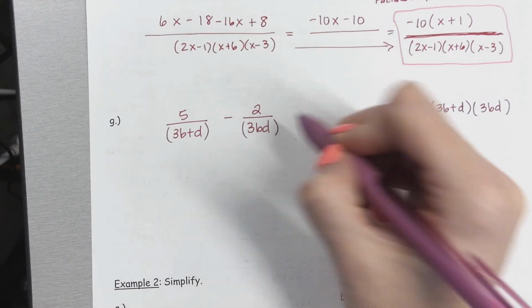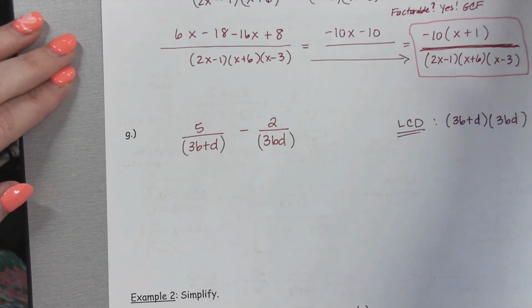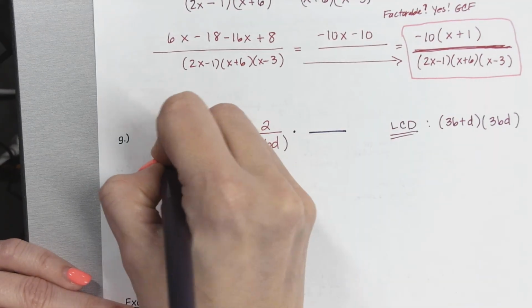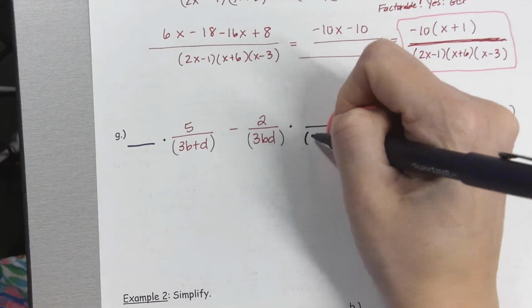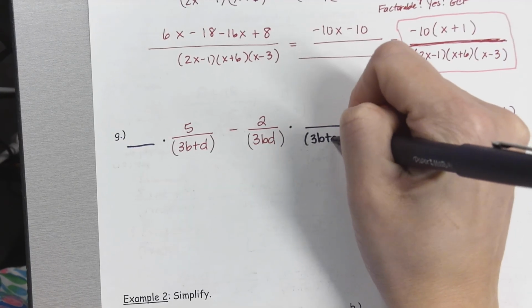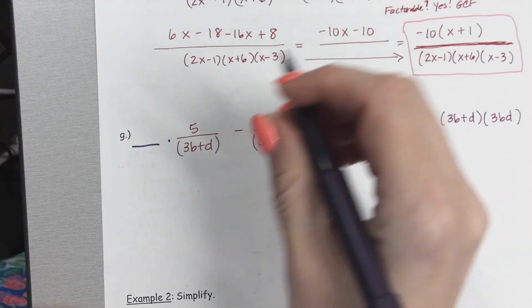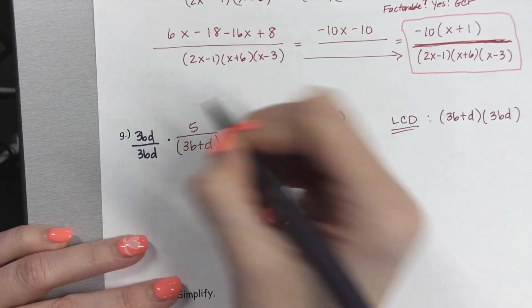That's why I think this one's a little bit trickier. So really, what you're going to multiply by is the denominator of the other fraction. So this one needs to be multiplied by 3b plus d. And this one needs to be multiplied by 3bd.